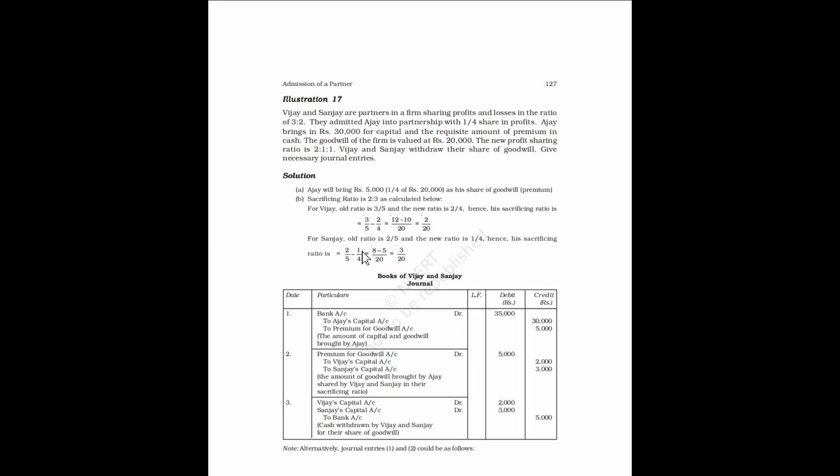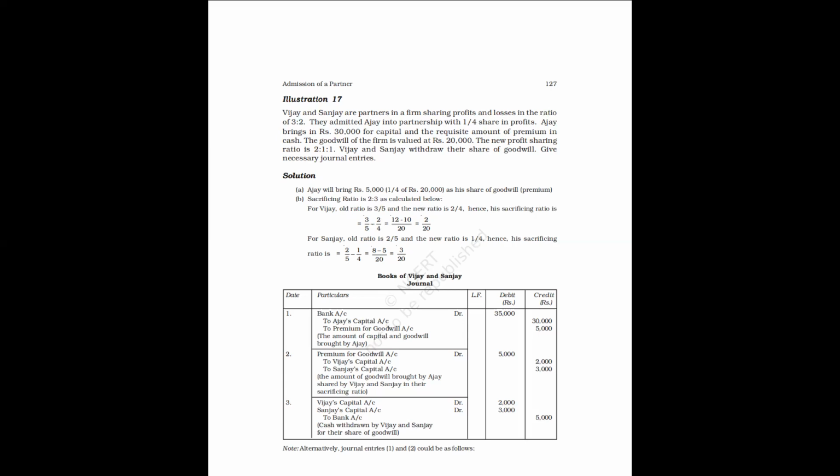The same way 1/4 into 5/5 gives 5/20. Now 8 minus 5 divided by 20, you will get 3/20. Now your sacrificing ratio is 2:3.